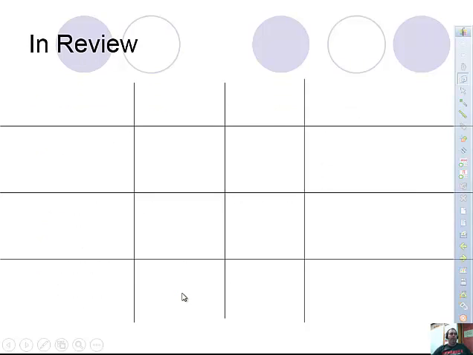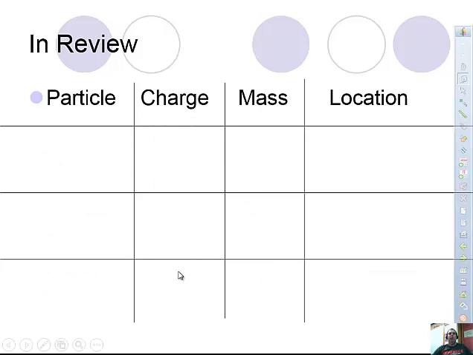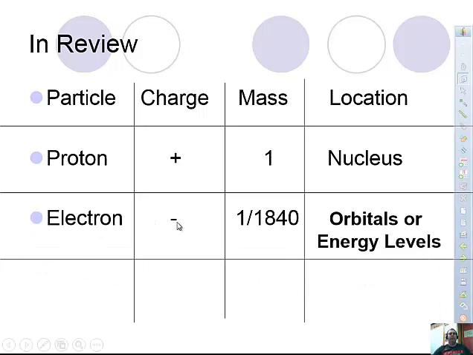So a little bit in review. If we look at the subatomic particles, we can find their charge, mass, and location. Protons are positively charged, and essentially they have a mass of 1. They're located in the nucleus of an atom. Electrons are negatively charged. Again, I said they're about 2,000 times smaller.